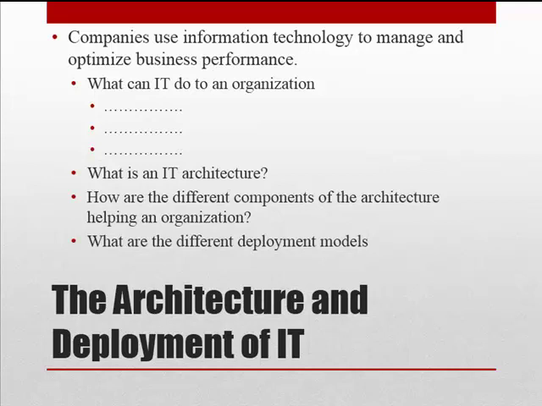And the last thing is the processes. So there are really 6 components to an IT architecture: the hardware, the software, the database, the network, the people, and the processes that define how you conduct a business process.